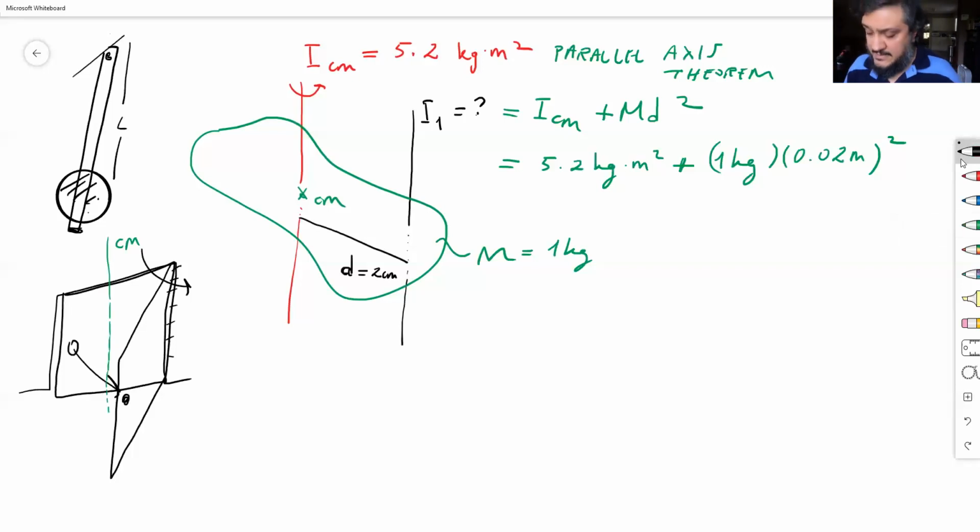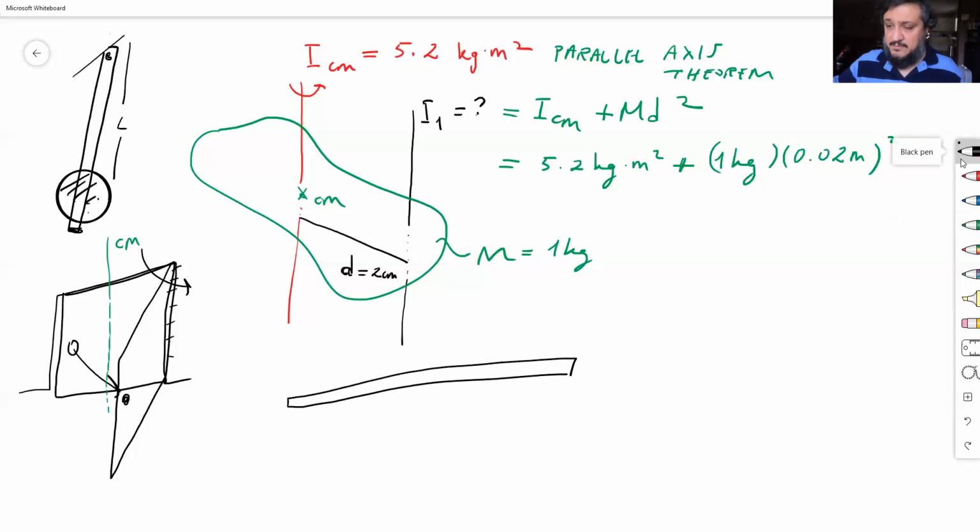Let's say the object is a rod like this, or some arbitrary object. This could be chopsticks, okay? And somebody tells you that they measured the moment of inertia about this axis here.